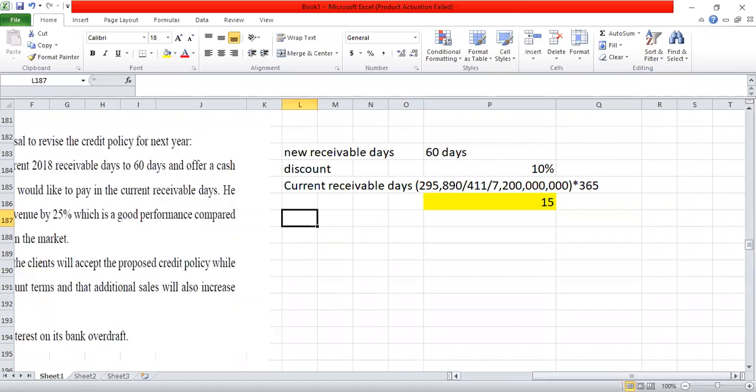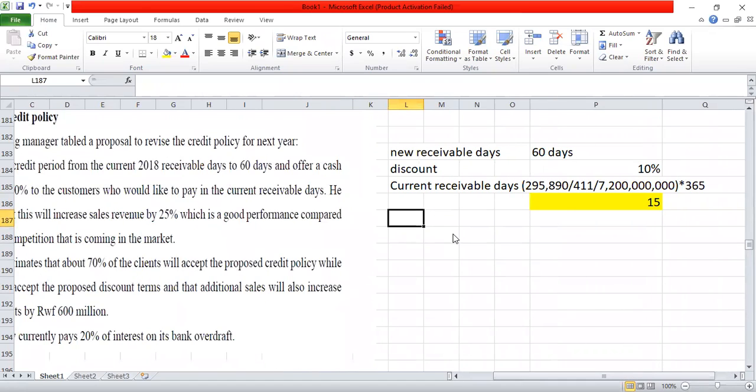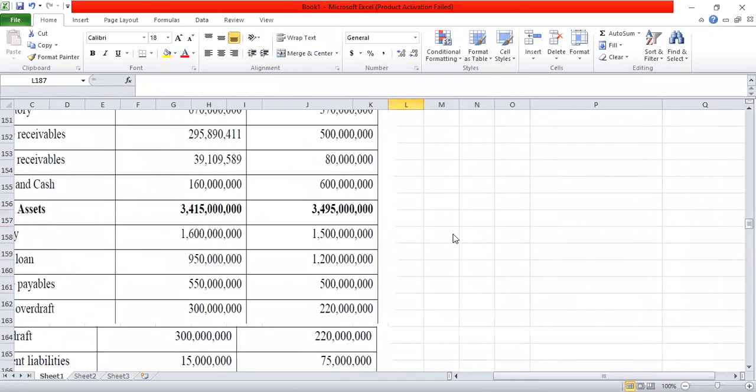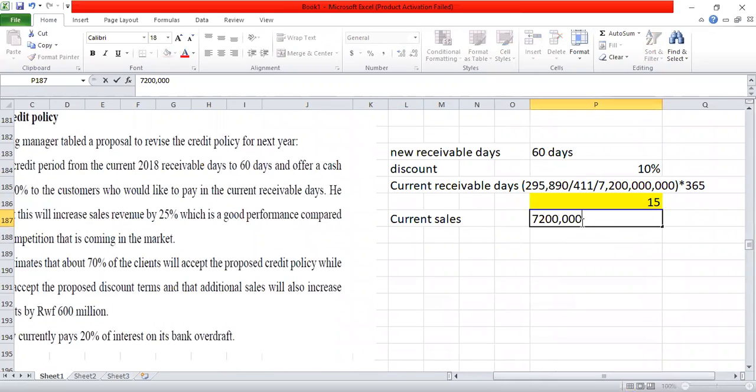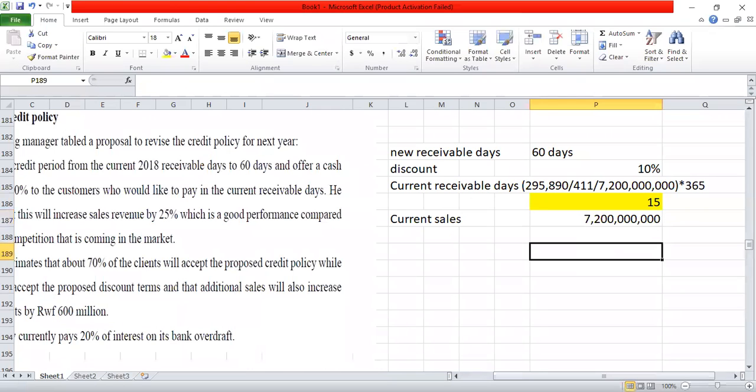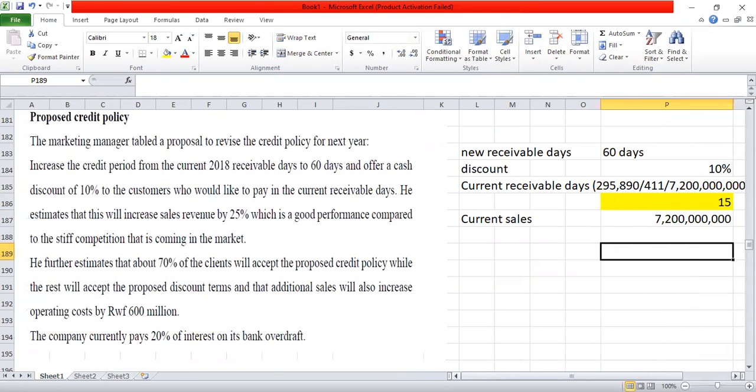So, what is our current sales? Our current sales is 7.2. That's the current sales. And the question said that the new credit policy will lead to an increase in sales by 25%.